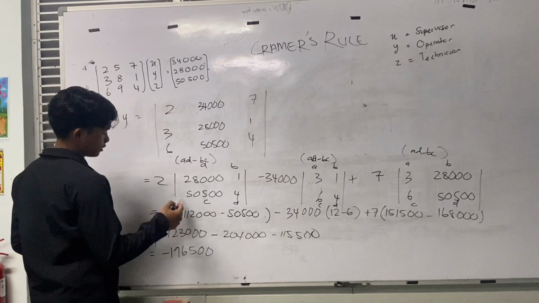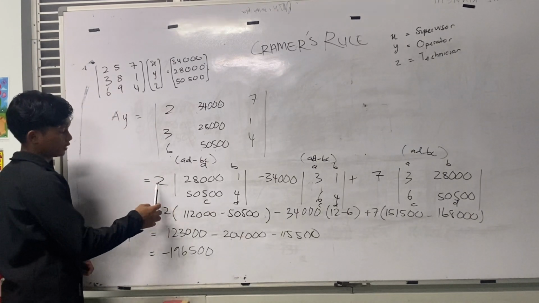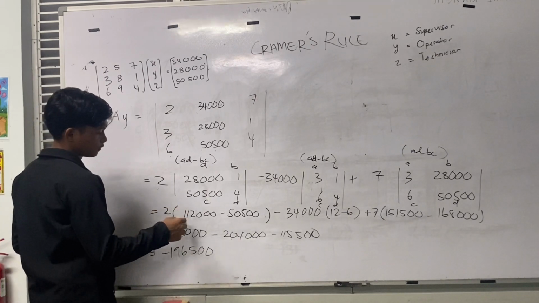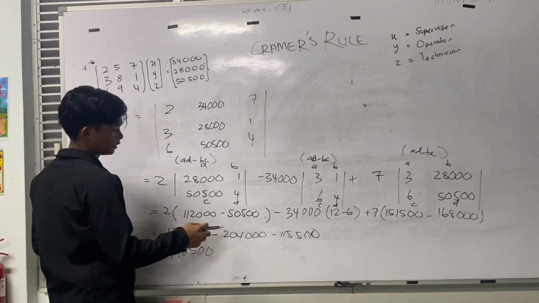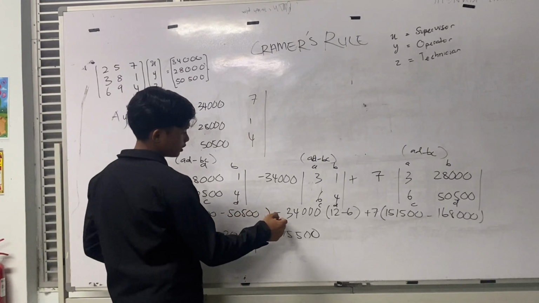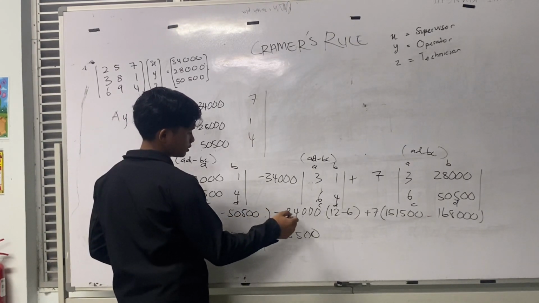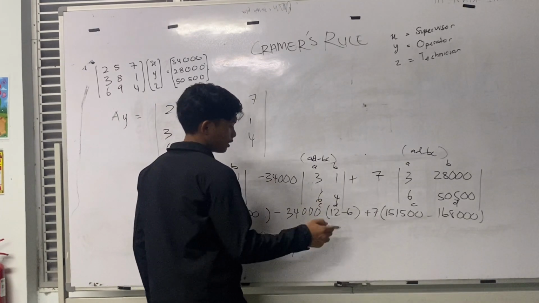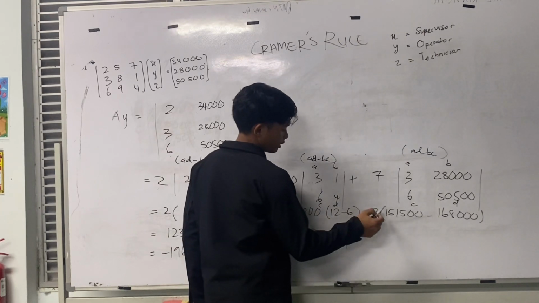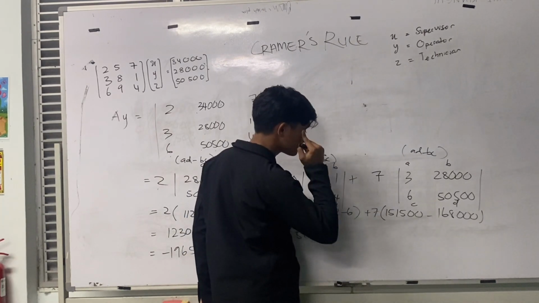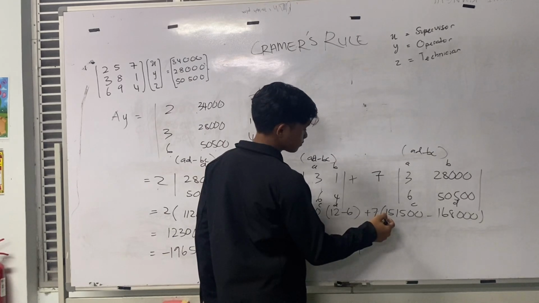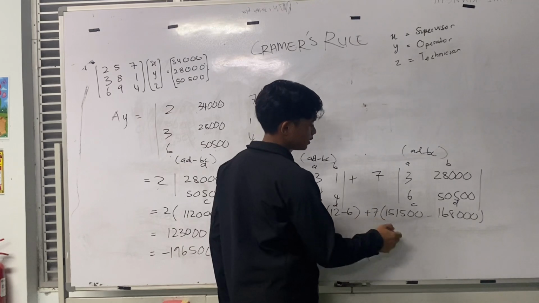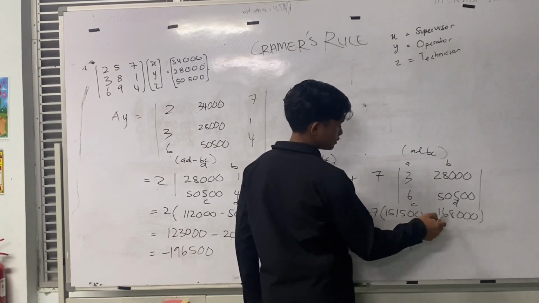We multiply 2 by 112,000 minus 50,500, and then we minus 34,000 multiplied by 12 minus 6, and then we plus 7 multiplied by 151,500 minus 168,000.